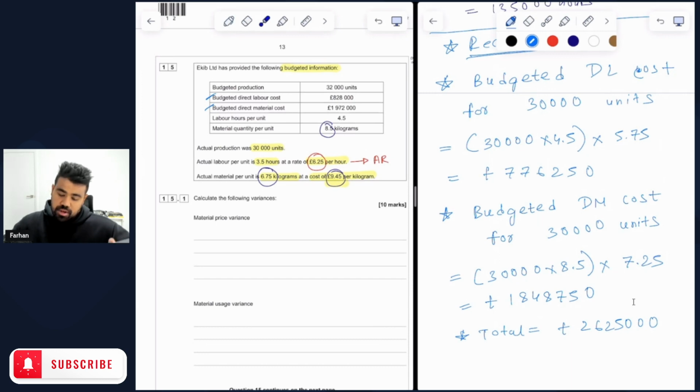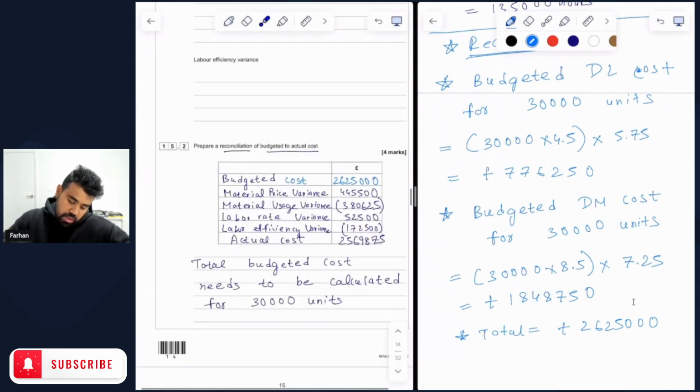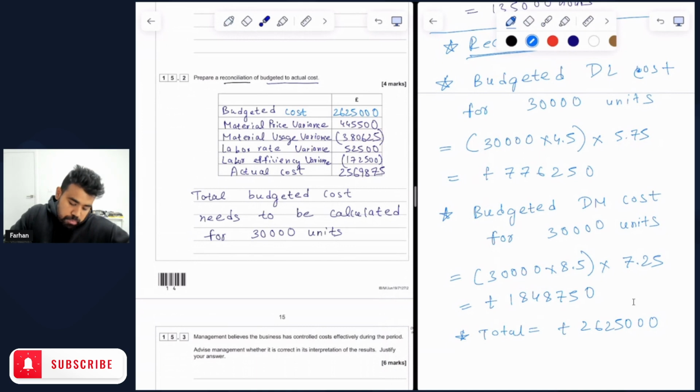And why did we need to ensure the cost is calculated for 30,000 units? Because we're doing a reconciliation, and when you're doing a reconciliation, you have to ensure the production volume aligns with your budgeted numbers. So that is why, to begin the reconciliation, I have shown a budgeted cost of 2,625,000 for 30,000 units.